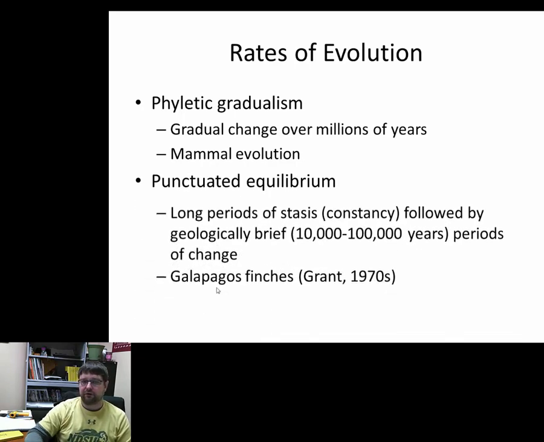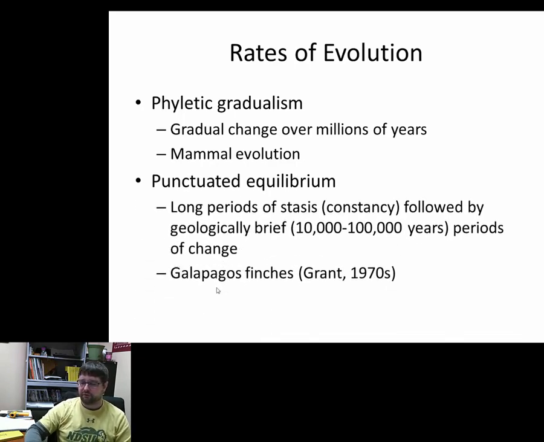Versus punctuated equilibrium, where you have long periods of no evolution and then an explosion of speciation events. Okay? The Galapagos finch is a good example of this. Anything that's moved to a new environment, new habitat, can experience this, because you'll get individuals that move to that region and then they occupy all the different ecological niches, or have the potential to occupy all the different ecological niches.